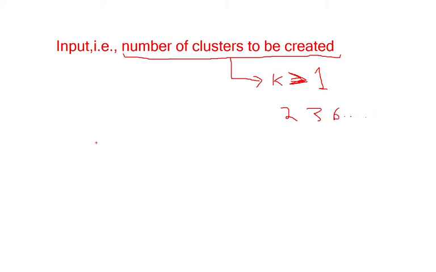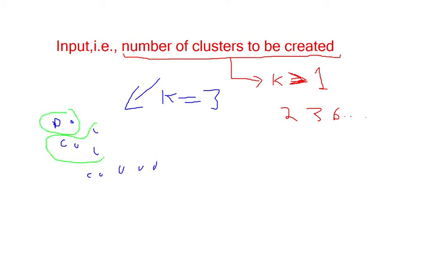So for a given data, for example, these are data points, and if you give this algorithm a value, let's say k is equal to 3, it will make 3 groups or clusters in your data, right? But if you give it k is equal to 2, it will make two groups in your data, right?